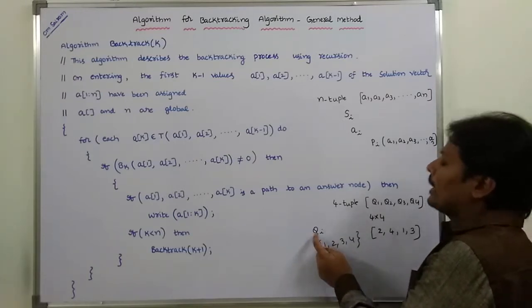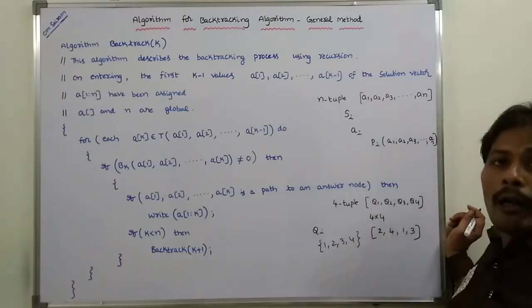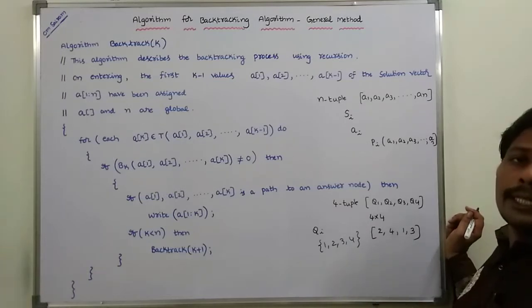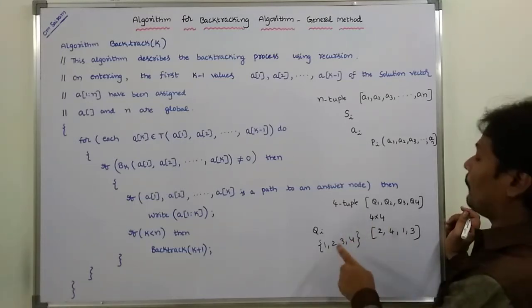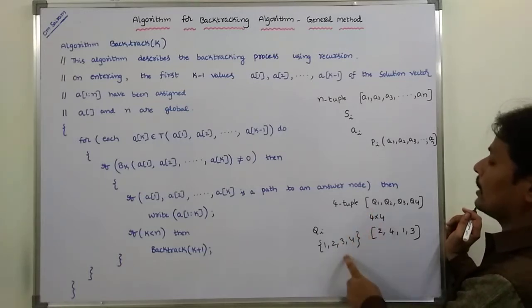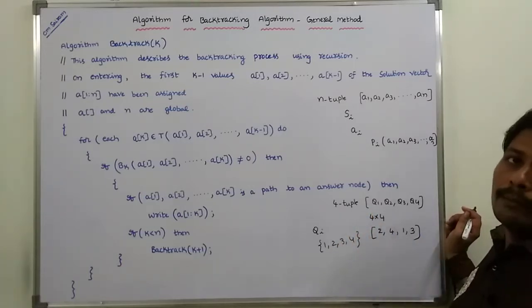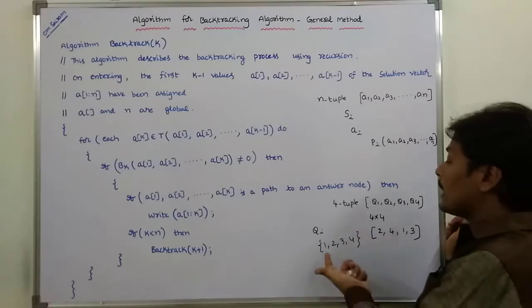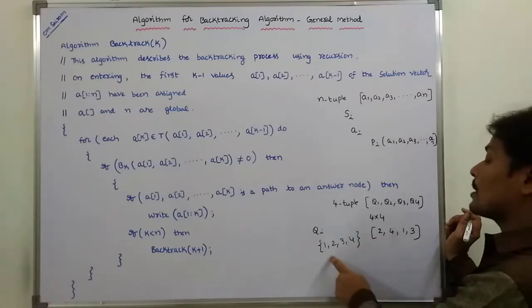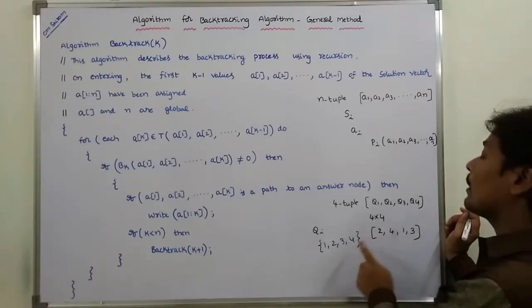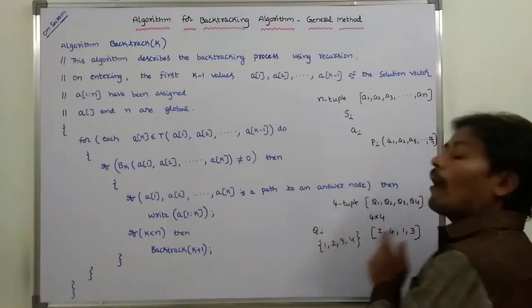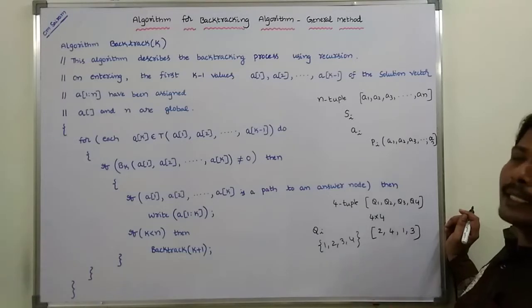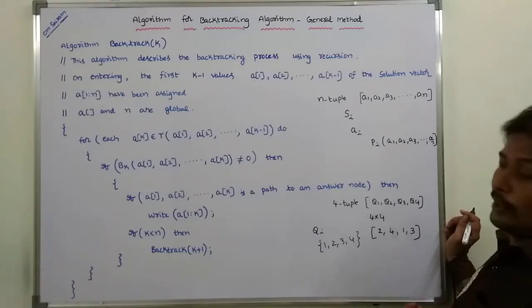Queen 1 can be placed on the first, second, third, or fourth column. Queen 2, the third queen, and the fourth queen can likewise be placed on any of the four columns.